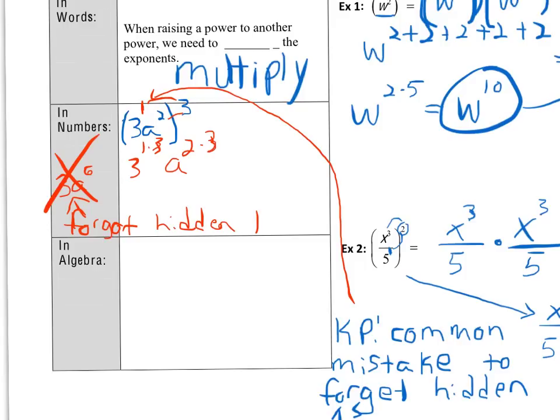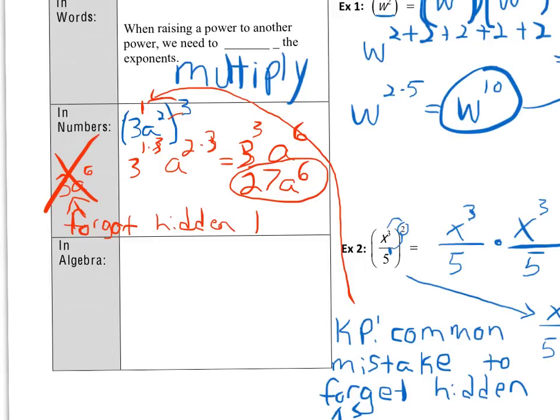Hopefully your 3s look a lot neater than mine. So then this would be 3 to the 3rd power, and then a to the 6th power. Are we done? No, because you can do 3 to the 3rd power. 3 times 3, 9. 9 times 3, 27. So the final answer for this would be 27a to the 6th power.